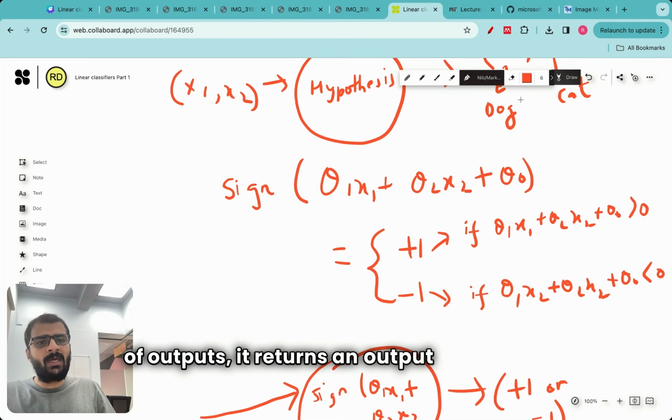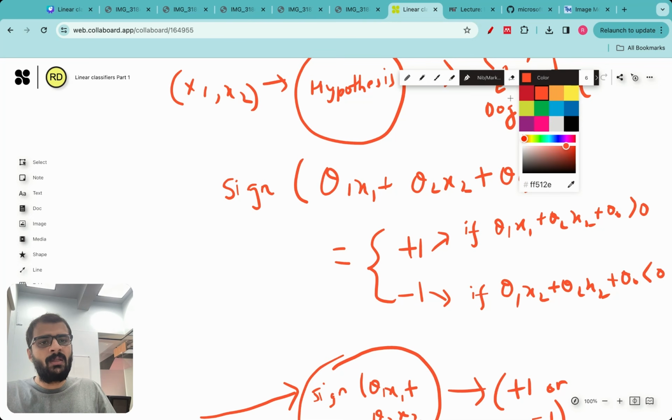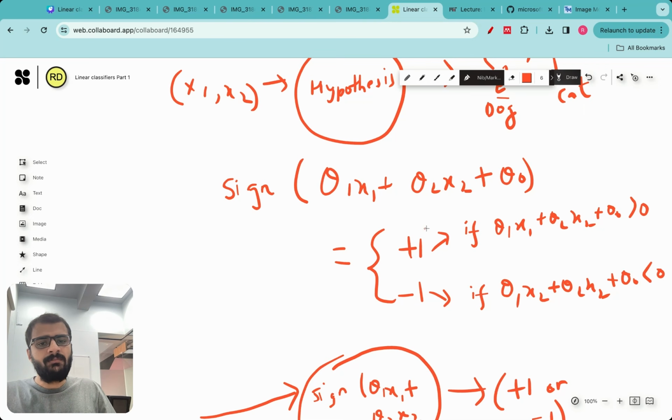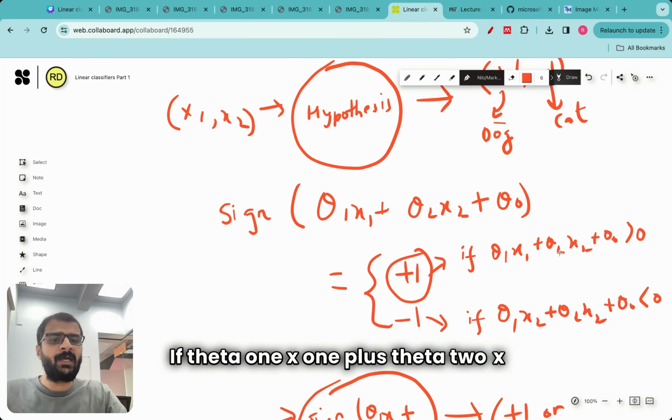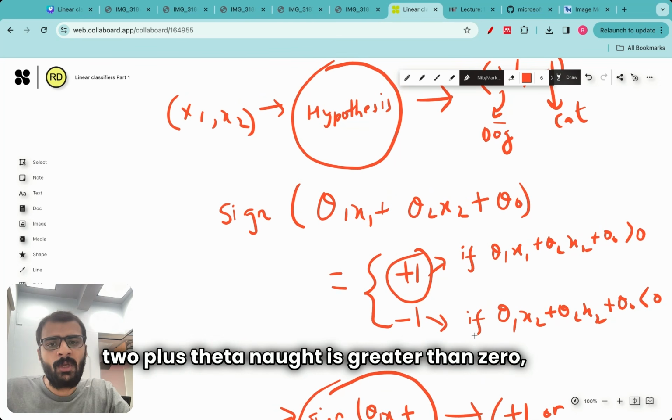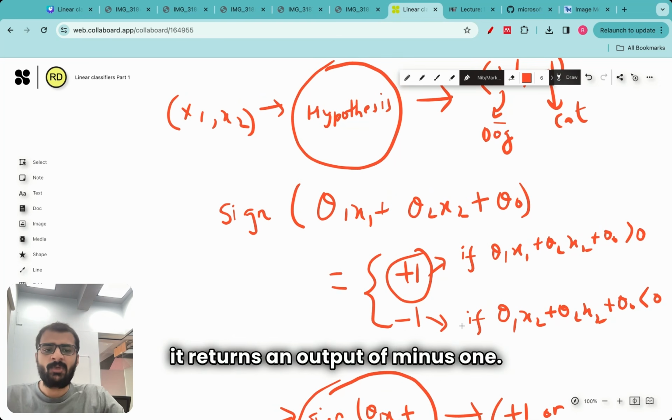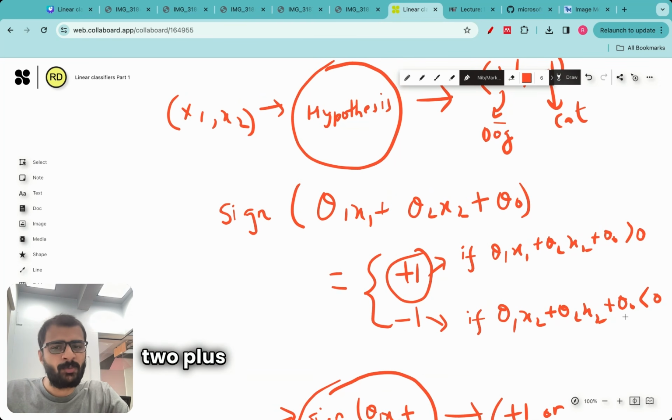It returns plus 1 if theta 1 x1 plus theta 2 x2 plus theta naught is greater than 0, and minus 1 if it is less than 0.